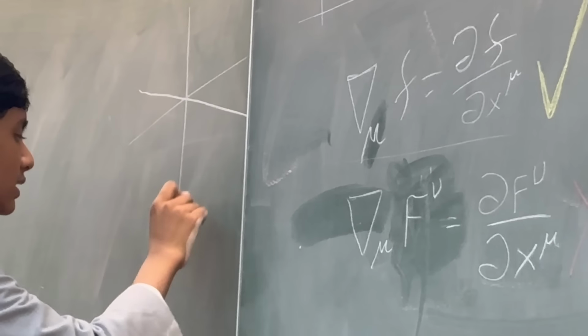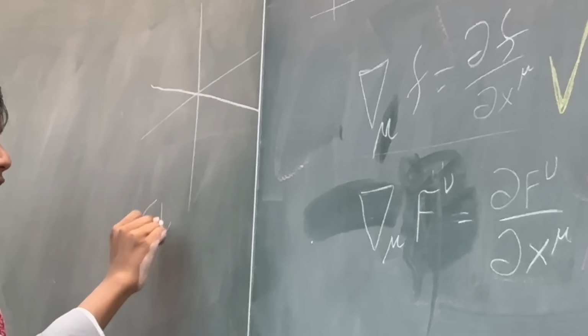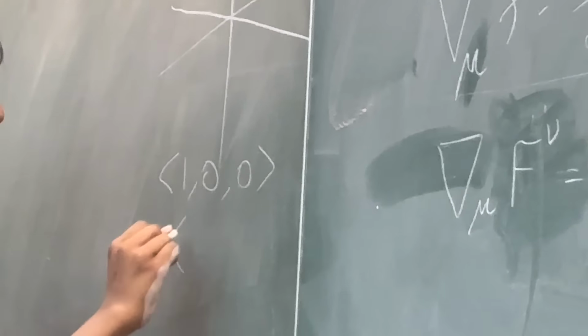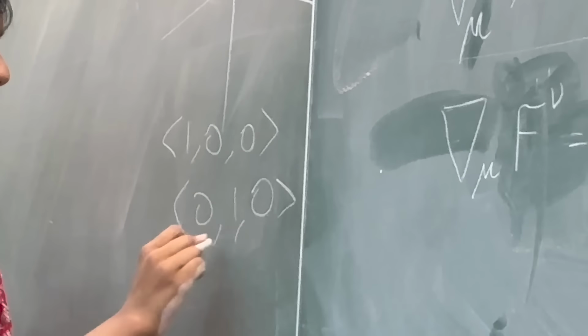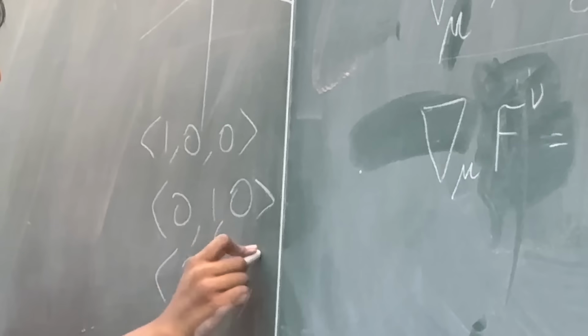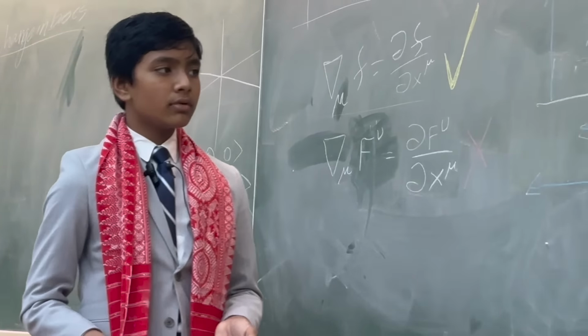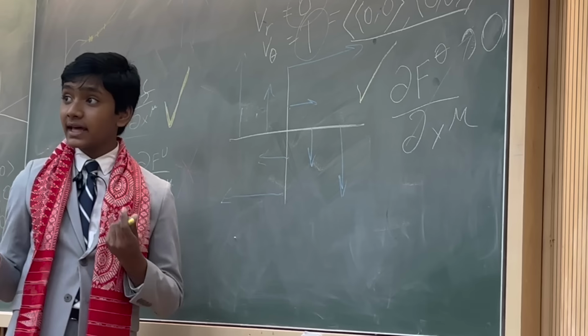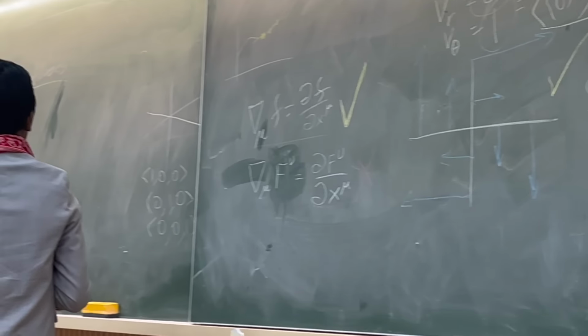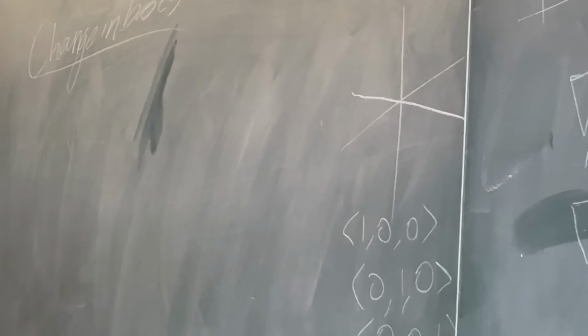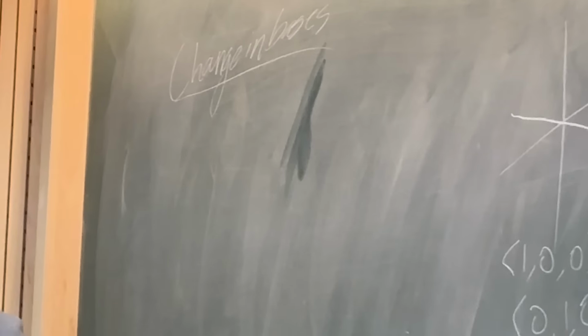But that's only because the basis vectors are always 1, 0, 0, 0, 1, 0, 0, 0, 1. They never change. But the problem with these coordinates is that they do change. So, what we're going to have to do is account for that.